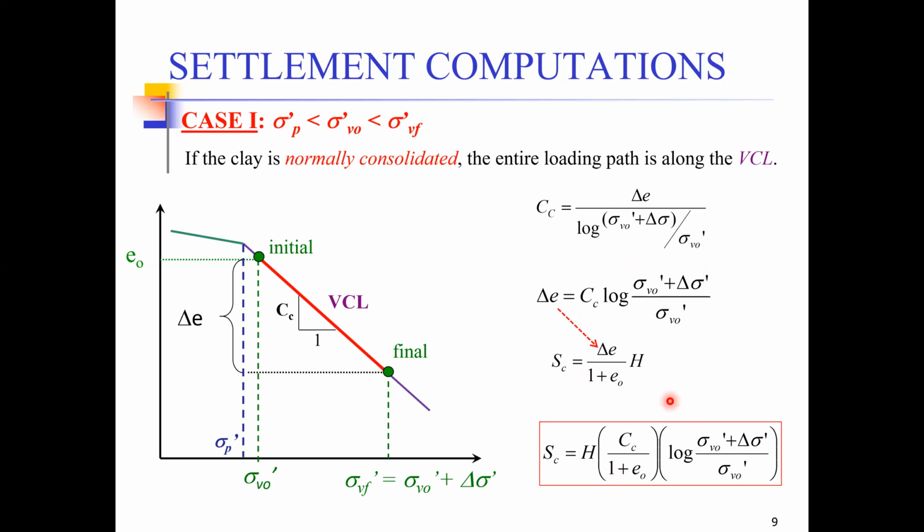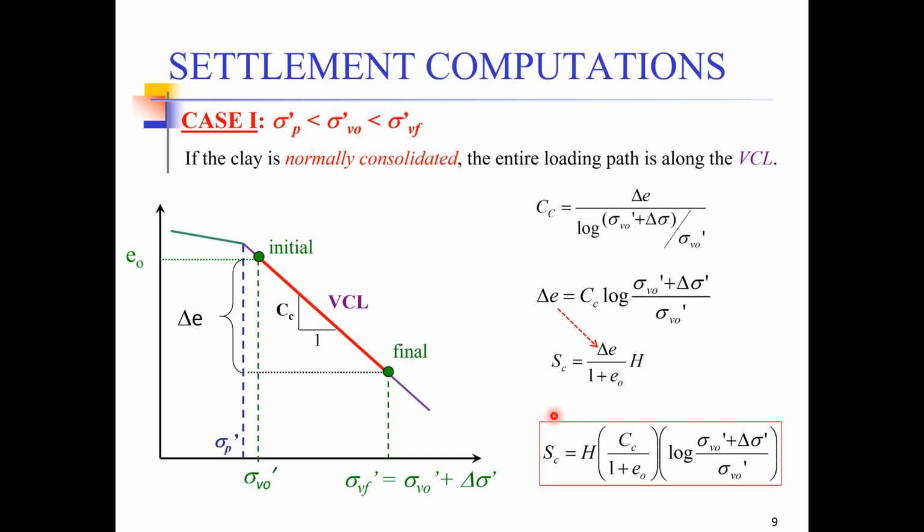So I've simply replaced the value of delta E over here and I've got this equation. It means for a normally consolidated soil, I can determine the consolidation settlement by using this equation very easily.